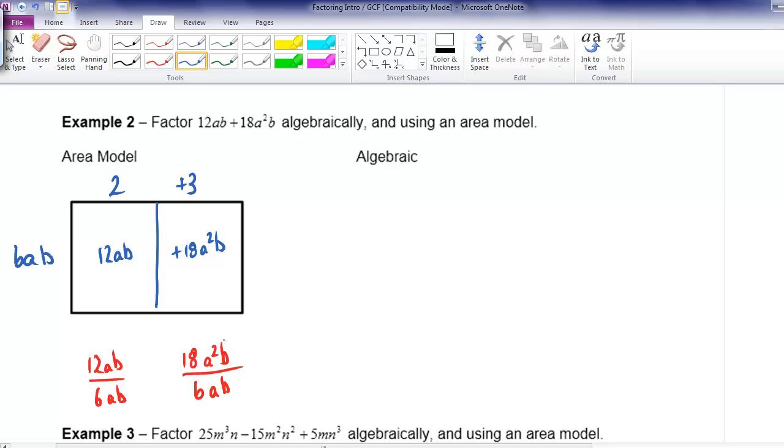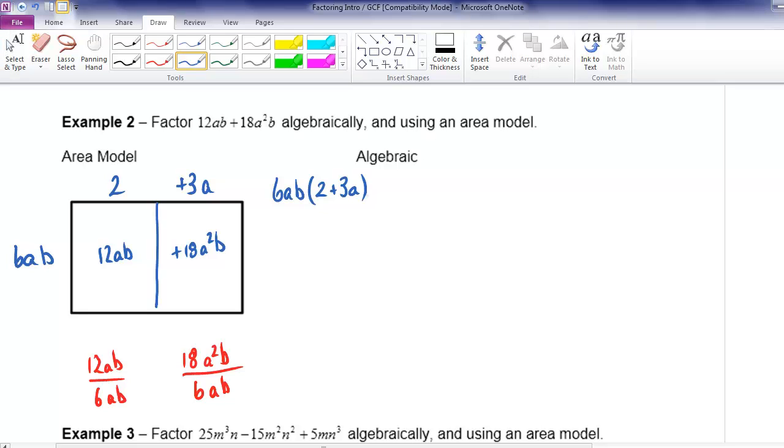A goes into A squared A times. So one of the A's cancel out and the B's cancel out. And what I end up with then is that 12AB plus 18A squared B is equal to 6AB, there's my first factor, times my second factor, my second important piece. And remember, the important pieces are the dimensions of a rectangle.